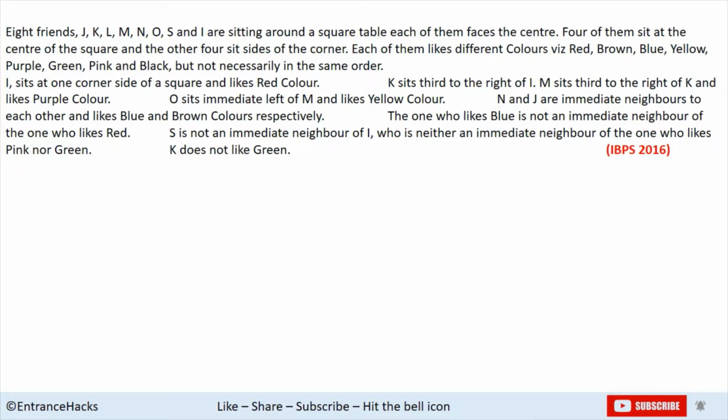So we will start by making two squares and marking 8 marks on both. There are people who are sitting at the center of the sides, and there are people who are sitting at the corners. Similarly, another square.